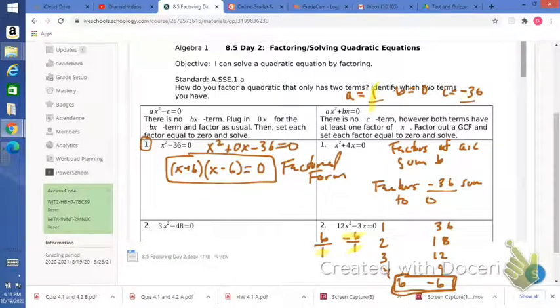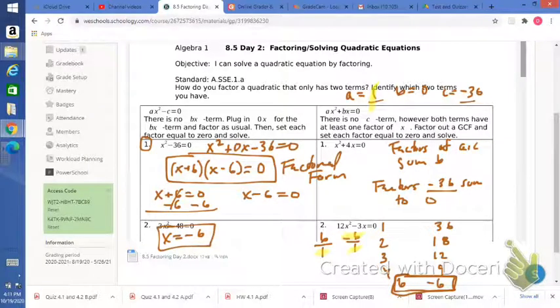Now if it says solve, which in this case it does, what we have to do is set each factor equal to 0 and solve. So subtract 6 from both sides. So we get x equaling negative 6. There's a solution. And then add 6 to both sides here.